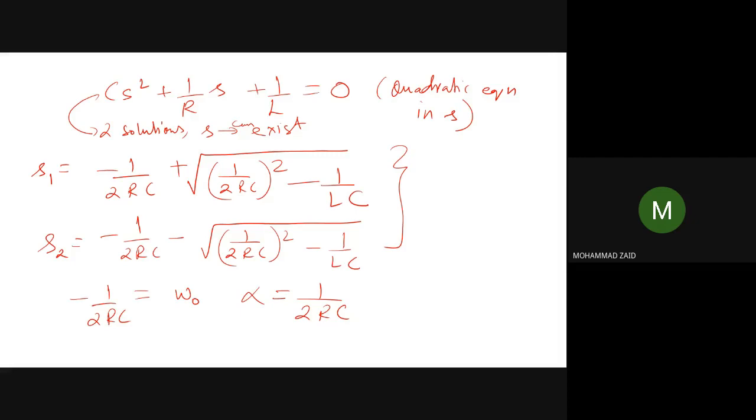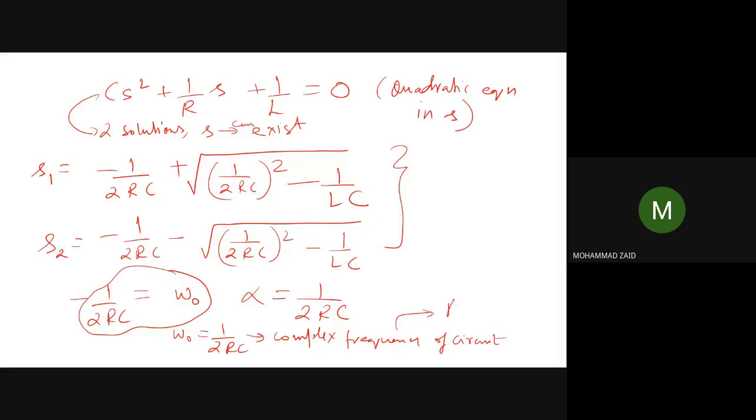So omega naught is the complex frequency of the circuit, or it is also known as resonant frequency.